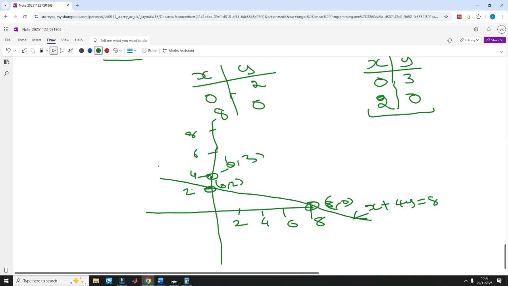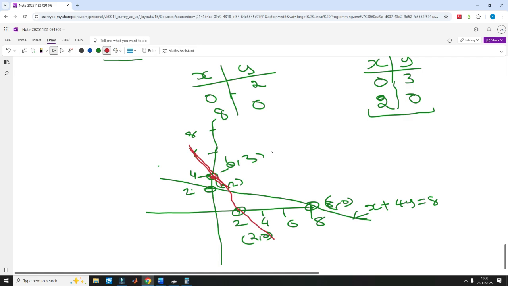And then x equal to 2, y equal to 0, so that should be around here, 2, comma 0. Connect these two points. Just assume this is passing through this point.